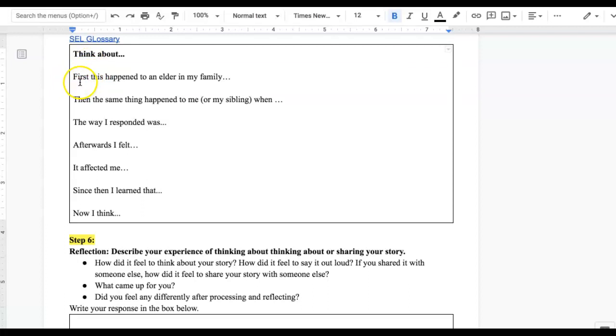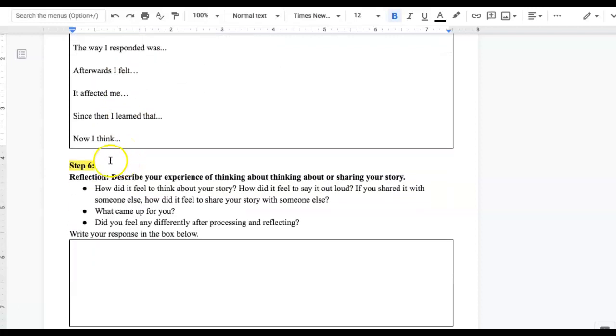Talk about what happened first, then what happened, and the way that you responded when it happened. Afterwards, what happened, and how do you think it affected you? Since then, what did you learn about it? And now, what do you think and how do you feel about it? After you've done this process, then move on to step 6.